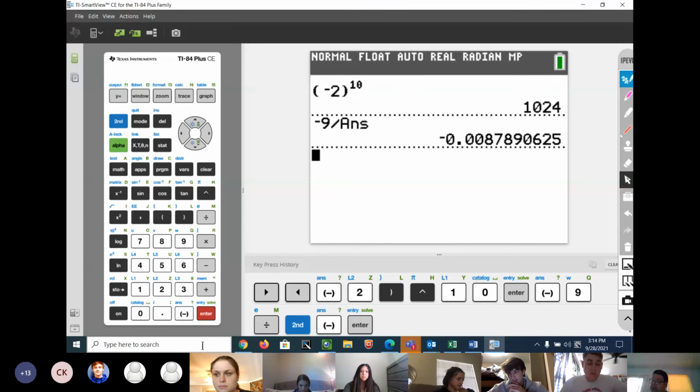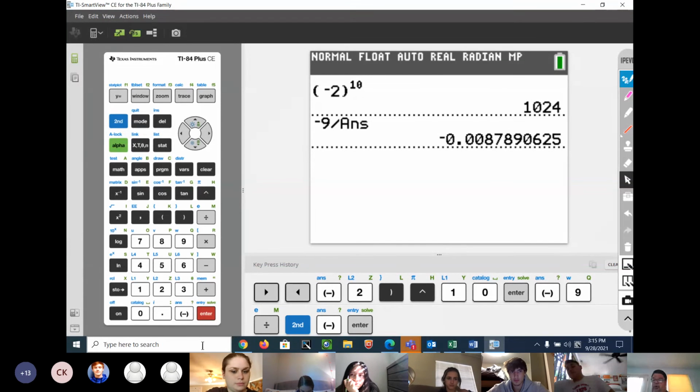So the slope of that red line at that point is equal to negative 0.009.